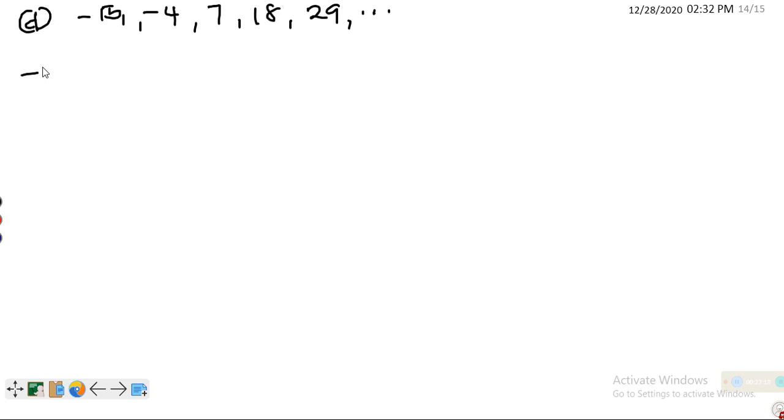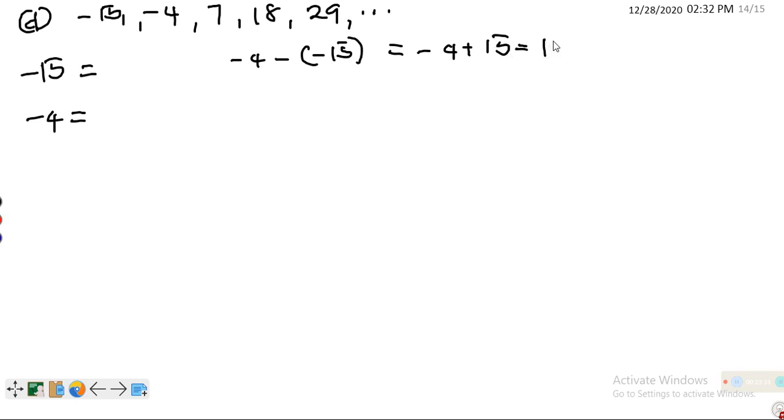So write down the first term and write down the second term. Now the common difference between the first and the second is minus 4 plus 15, which is 11.